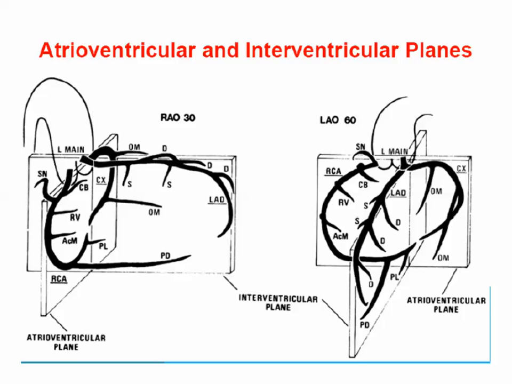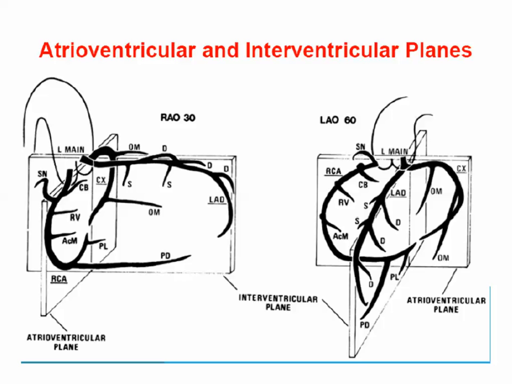So what will supply the septum? LAD. What will supply the lateral? LCX. What will supply the inferior if left dominant? LCX will give the PDA here. Okay? This is inferior. Where will the RV be? Here. Okay?